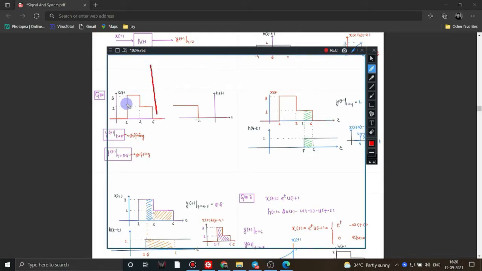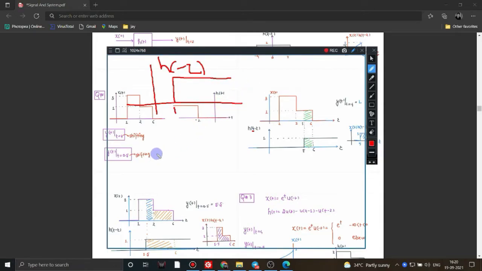This is the second step that we have done, folding the graph, so we get the graph like this one. This is the graph of h minus tau. So what is the last step? We shift this graph by 4. This is positive 4, so we shift this graph to the positive right.